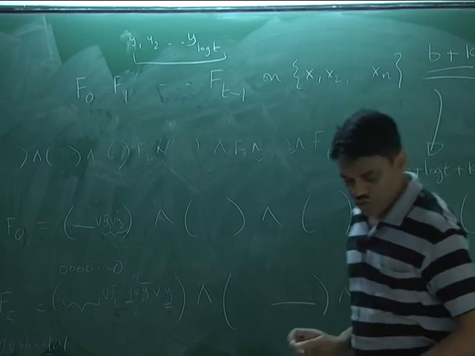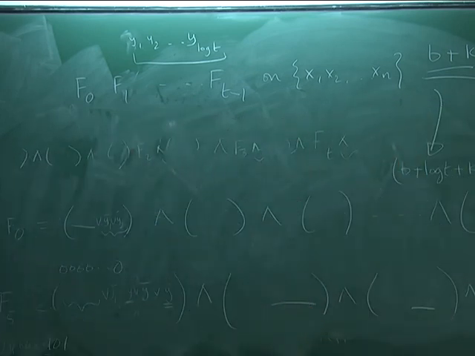So, what do I now want to show? I want to argue that finally the composed instance f has a weight at most k plus log t satisfying assignment if and only if there exists an i such that f_i has weight at most k.